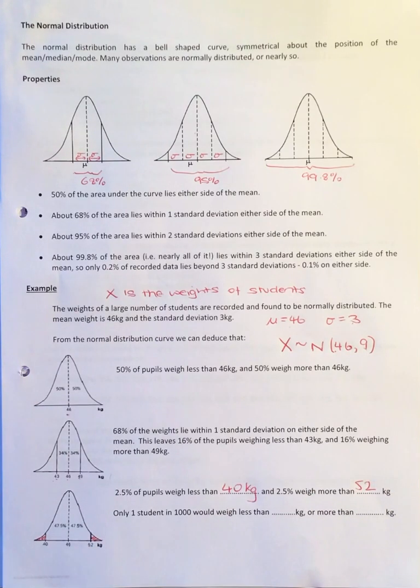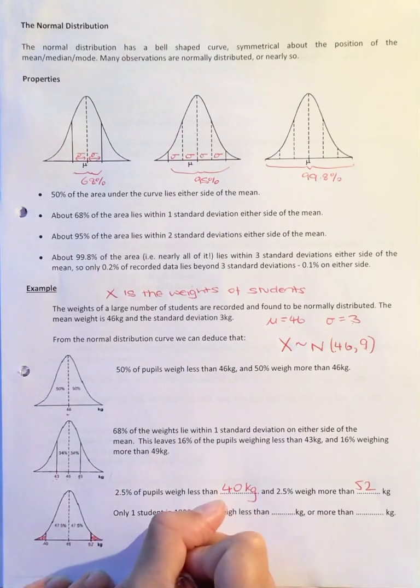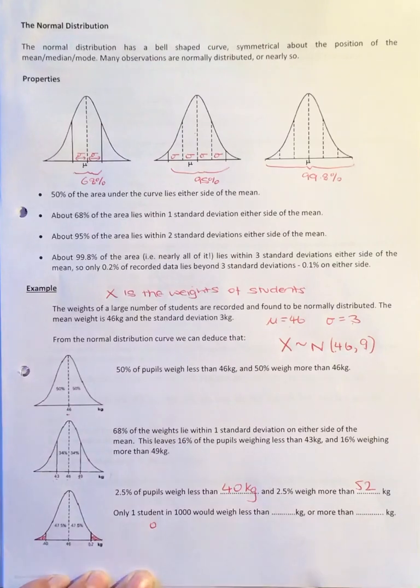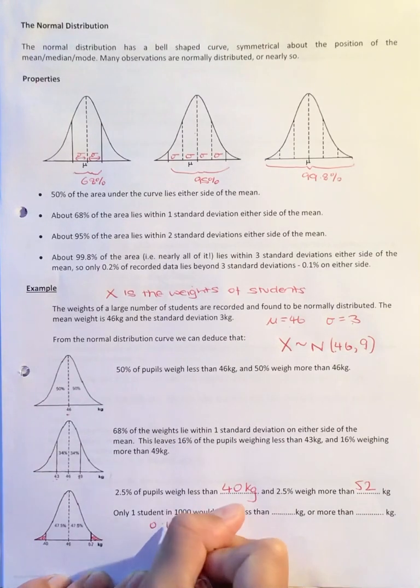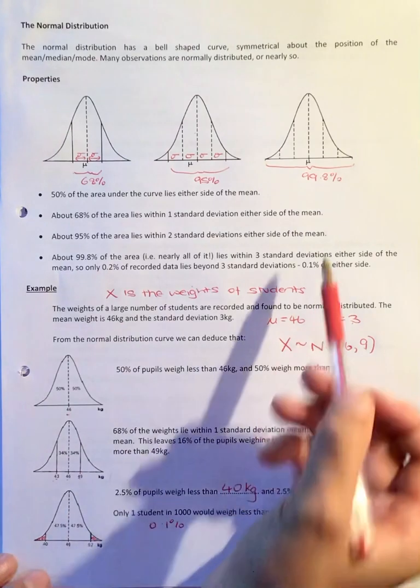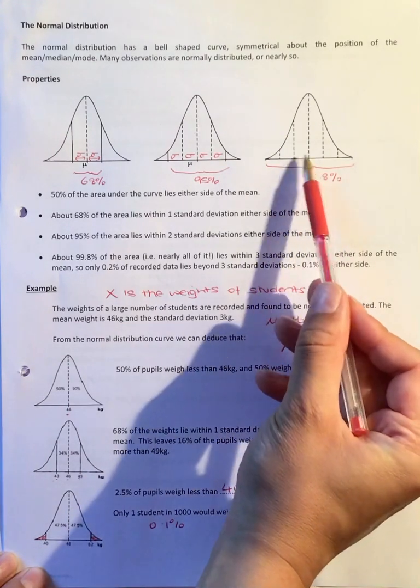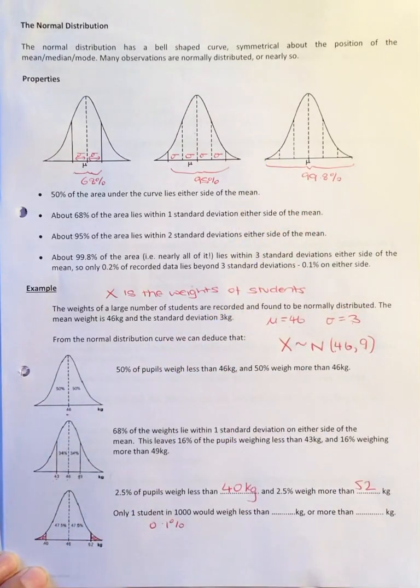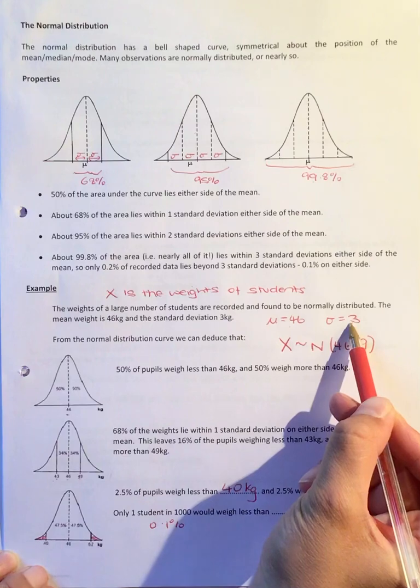And only one student in 1,000, so remember 1% would be 1 in 100, so 1 in 1,000 is 0.1%. So we're now looking at being 3 standard deviations from the mean. So 3 standard deviations is 9.